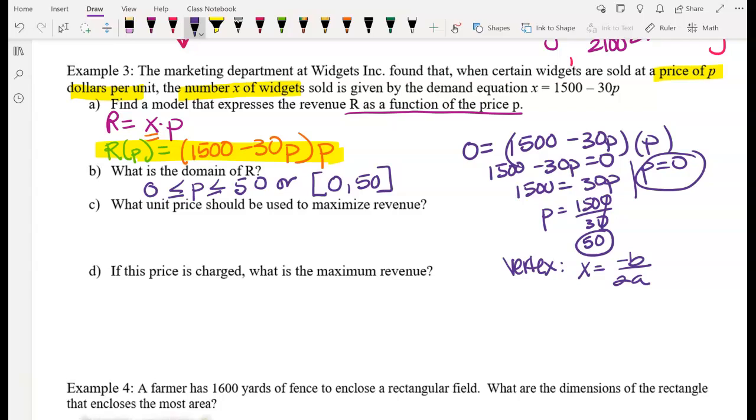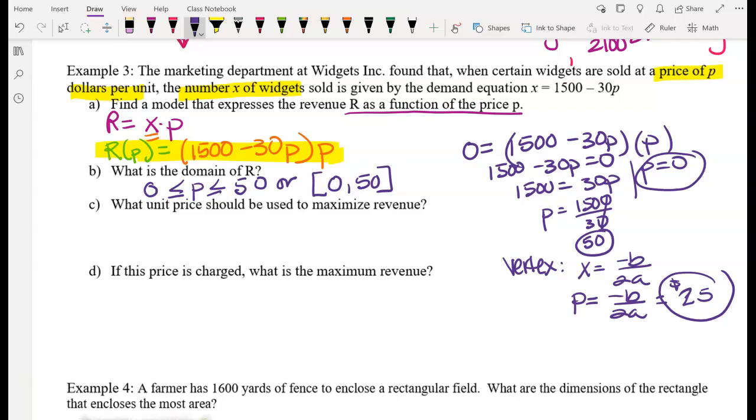Since we have 0 and 50, the midpoint of that is 25, okay? So P equals negative b over 2a, where your input x is now really p. We don't have to do any work because halfway between 0 and 50 is going to be $25, okay? So the unit price that should be used to maximize the revenue is $25.